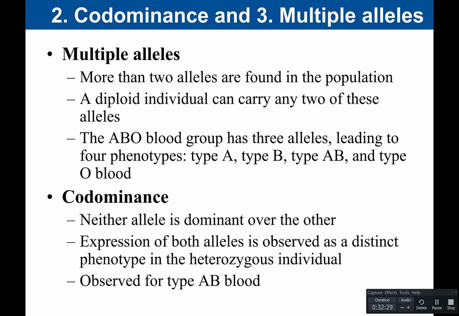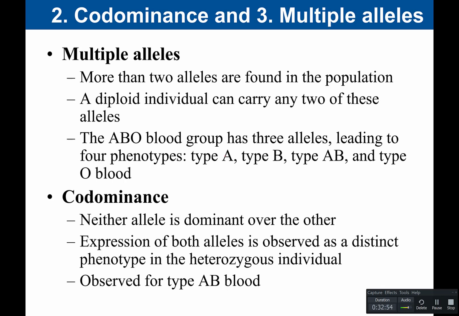There are 3 alleles, and these 3 alleles lead to 4 phenotypes. So there's the A allele, the B allele, and the O allele. So 3 different alleles possible. But those 3 alleles can give us 4 phenotypes, 4 different blood types: type A, type B, type AB, or type O.